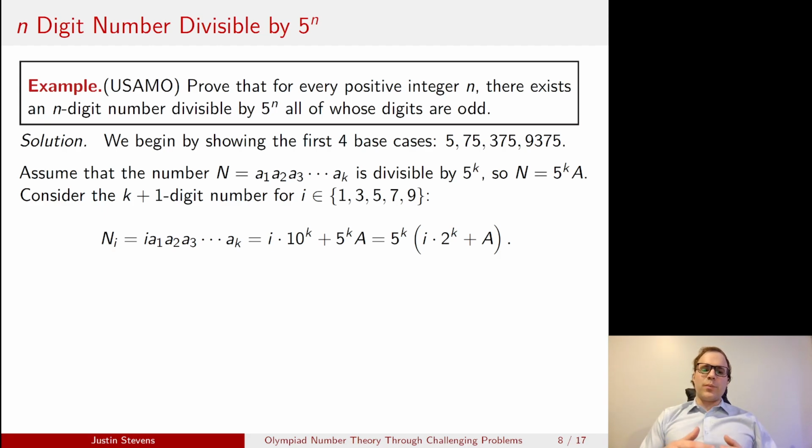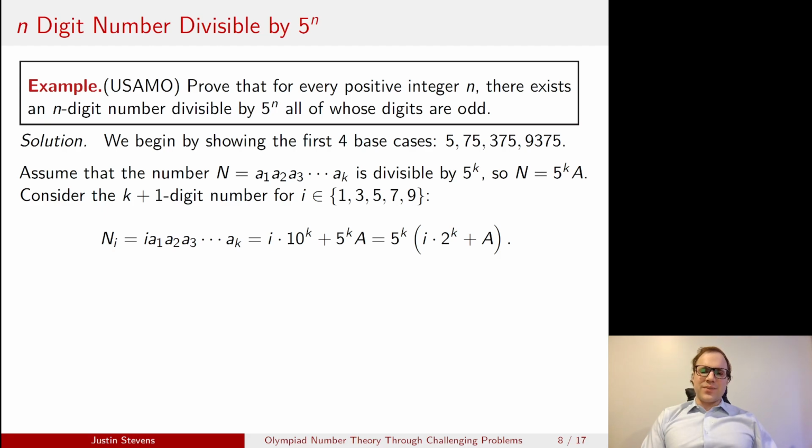In this case, i would be equal to 9. We can rewrite this number as i times 10 to the k, because that's the first part, plus that number capital N, which we said before was 5 to the k times capital A. Notice that we can then factor out 5 to the k from the expression, and we get 5 to the k times (i times 2 to the k plus A).